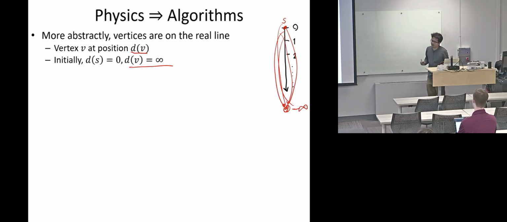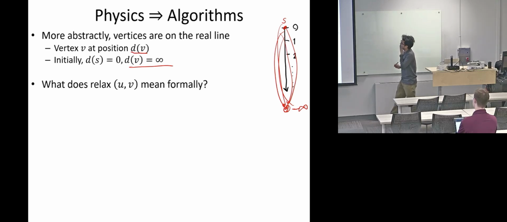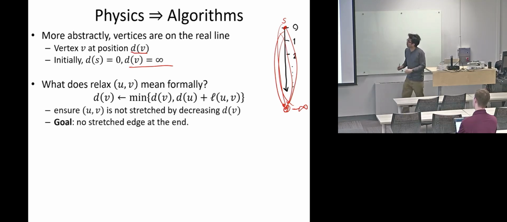We're going to try to relax an edge. And what does it mean formally? To relax an edge UV would mean this: we're just going to ensure that the edge UV is not stretched by decreasing the position of V.